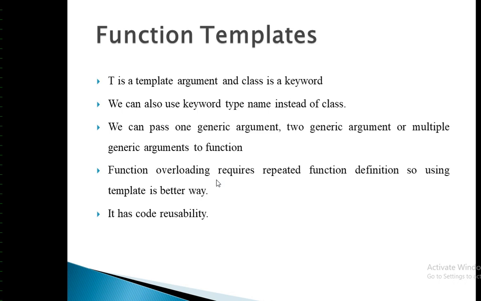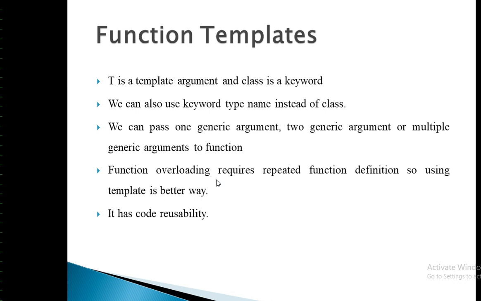It has code reusability. If we want to sort numbers according to roll number or according to percentage, we require two functions, one for the roll number that is of type integer and one for the percentage that is of type float.